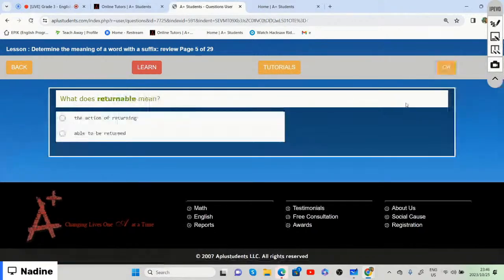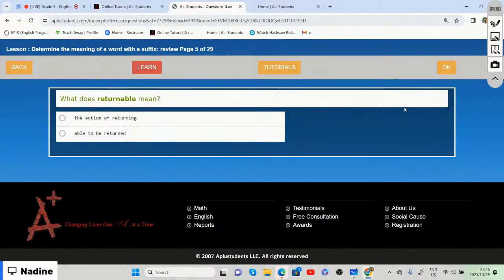And what does returnable mean? Is it the action of returning something or able to be returned? Usually you'll find those cool drink bottles and they'll tell you that you can go and return it.